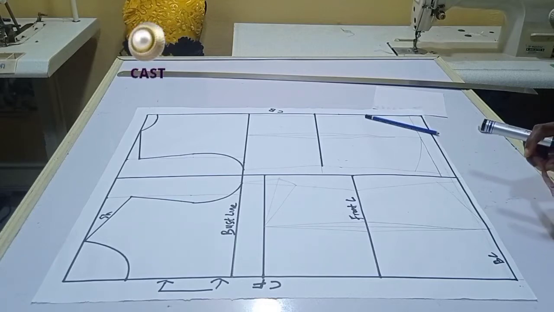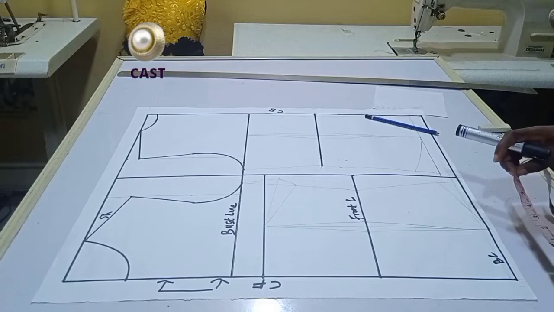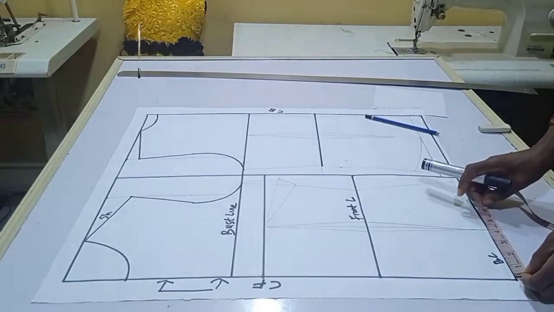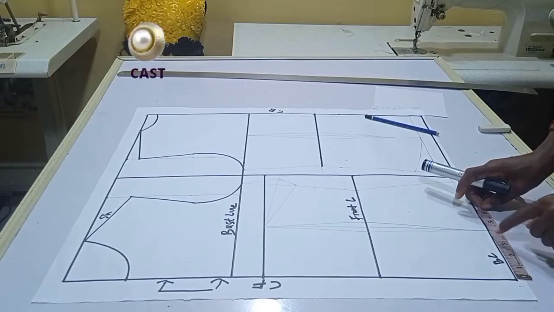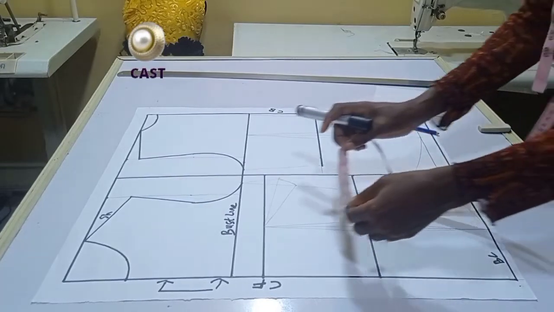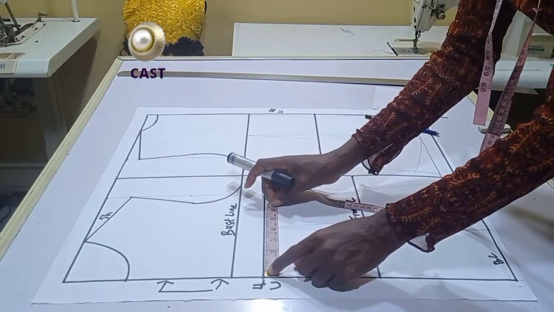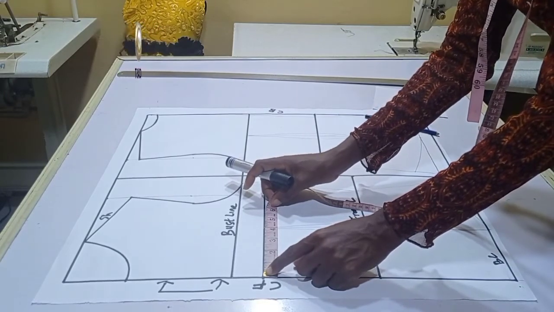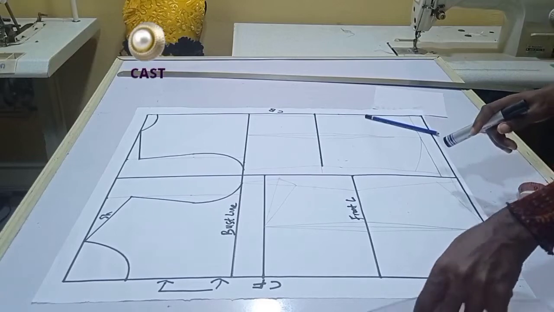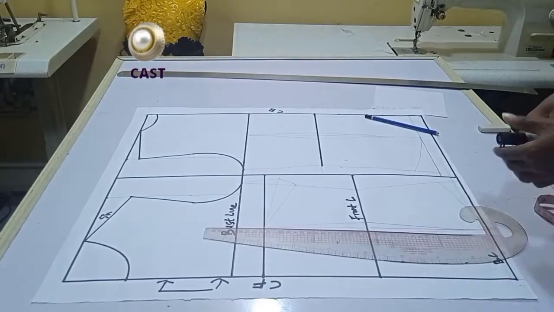Whatever your bust span is, you just divide it into 2. Mine is 8. Dividing 8 into 2 is going to give us 4. So you're going to measure 4 from the hem here, and you're going to extend it to the bust point here. This is 4. So you are going to draw a straight line to connect it together.